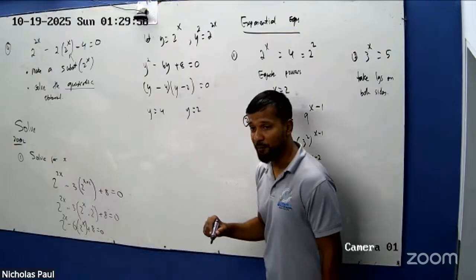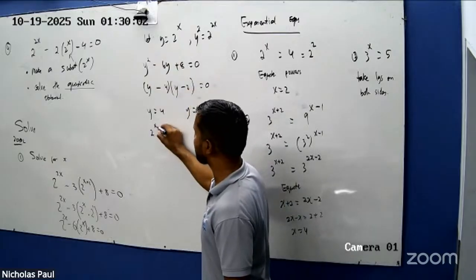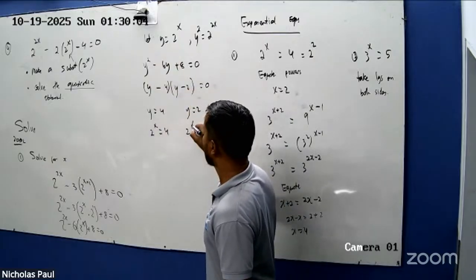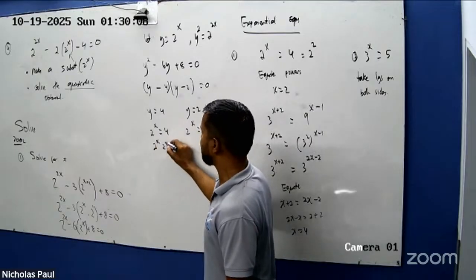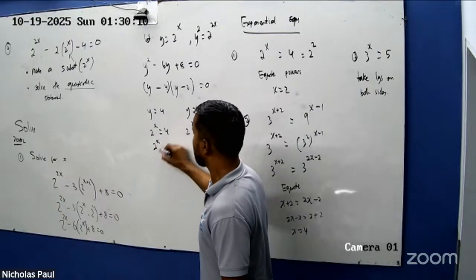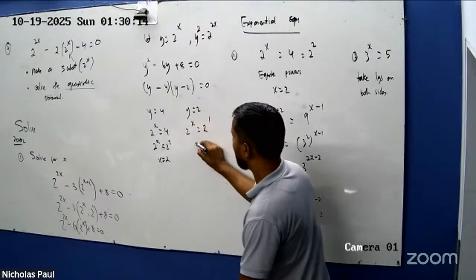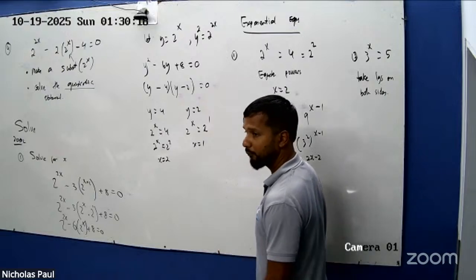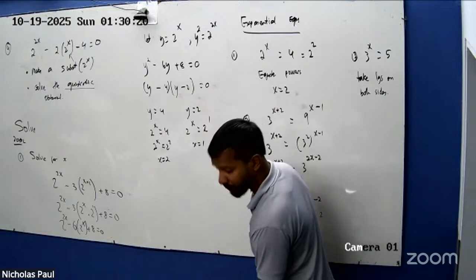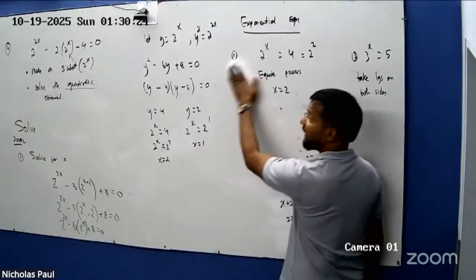Do I stop there? No, because y is 2 to the x. So 2 to the x is 4, 2 to the x is 2. 2 to the x is 2 squared, so x is 2; x is 1. Everybody okay with that? Let's do a few more. Everything here should be matched.